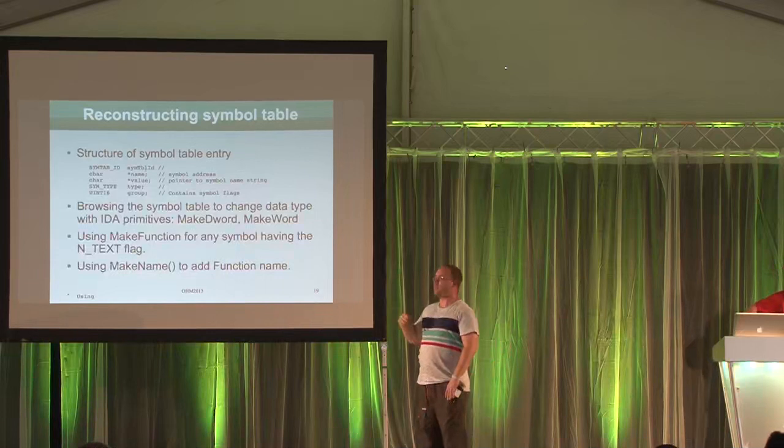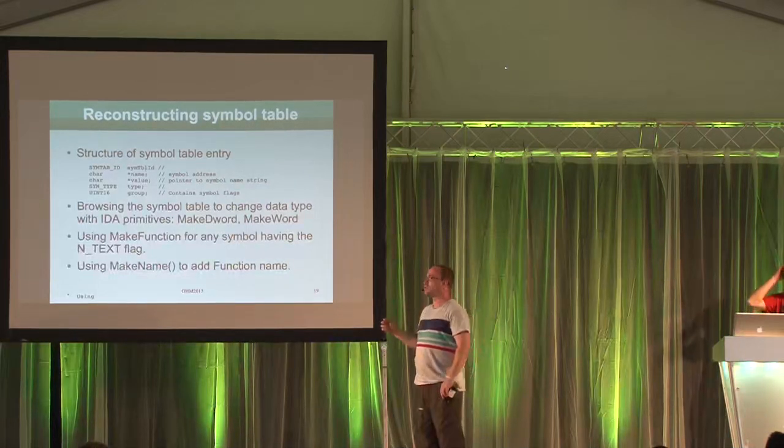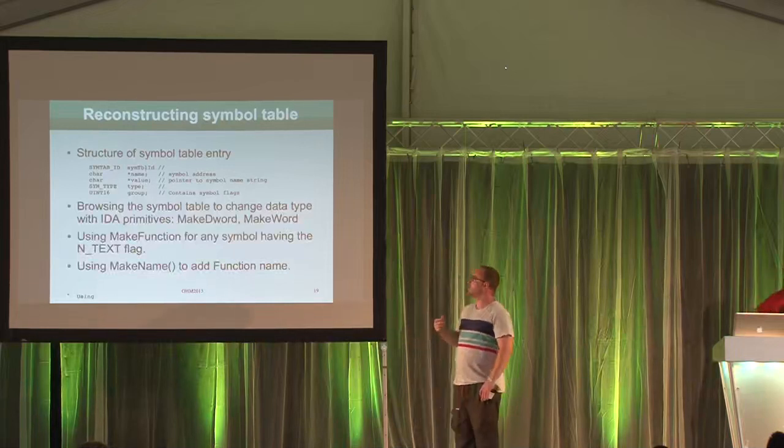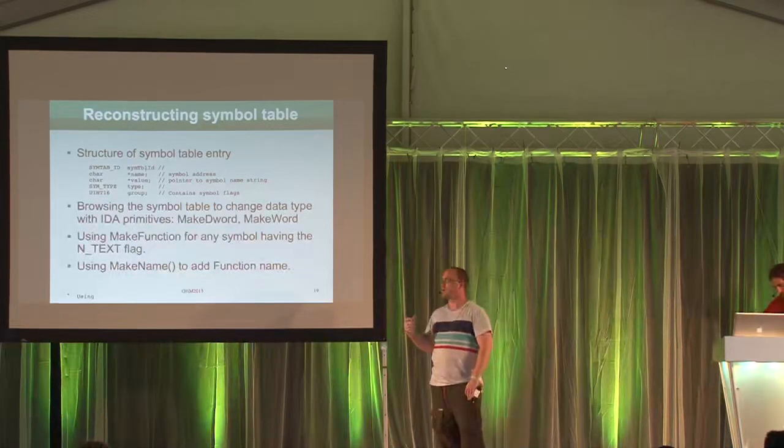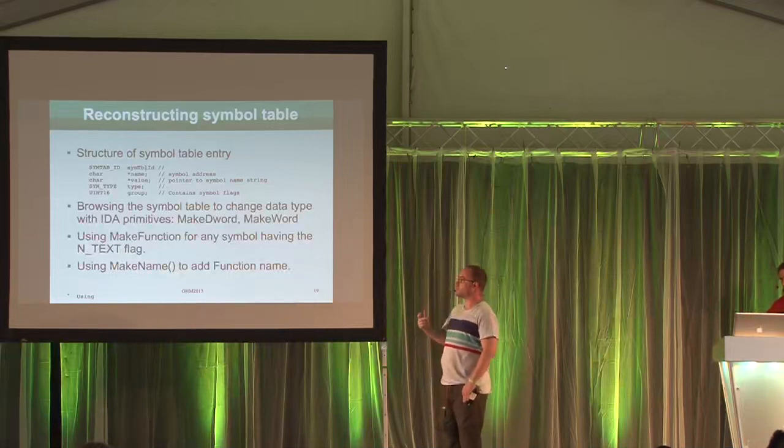So the first thing, for each entry of the symbol table, we use MakeDWord and MakeWord to create the appropriate types. And then using MakeFunction, we can tell IDA, okay, at this address, this is a function, and it will make IDA start the analysis and build the graph and references.